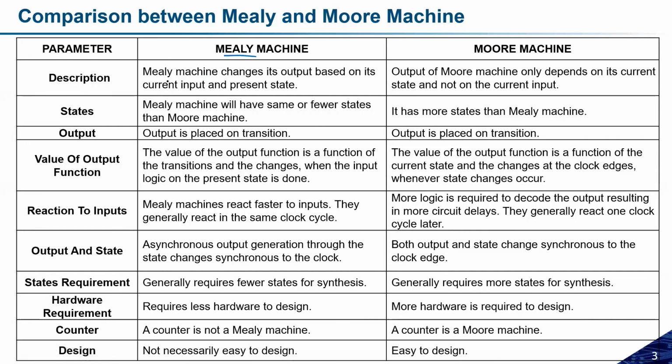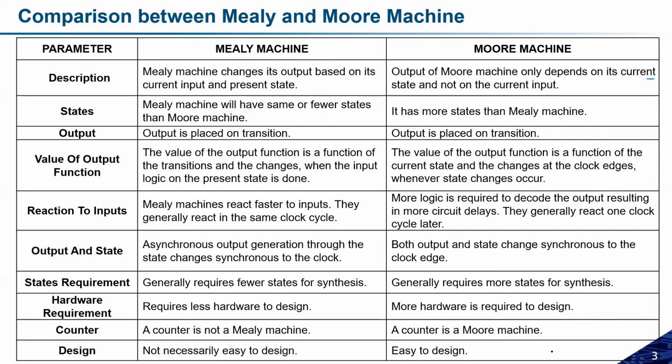The Mealy machine changes its output based on the current state and the present input, and the output of the Moore model only depends on the current state, not the current input. These are some differences which I have already told you before, and I have just prepared a table, and you can go through it.